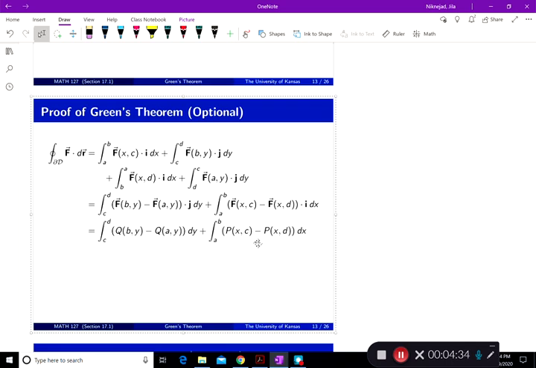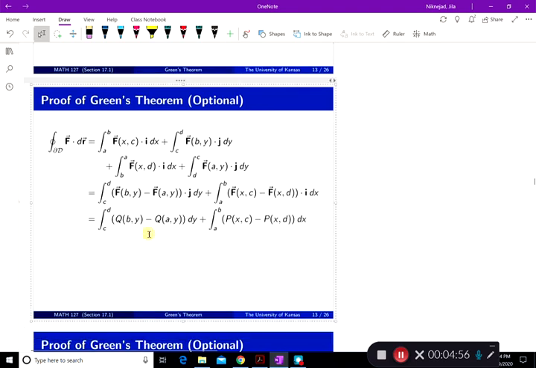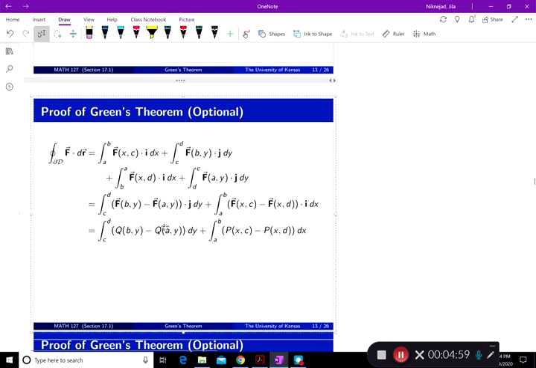I can write these two as the integral of the derivative, by the fundamental theorem, right? I can write this as the integral of the derivative with respect to x of Q, when x goes between a and b. So that's what we do.